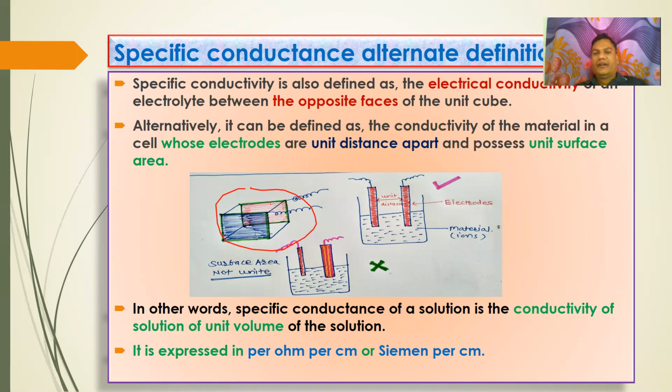Alternatively, it can be defined as the conductivity of the material in a cell whose electrodes are unit distance apart.